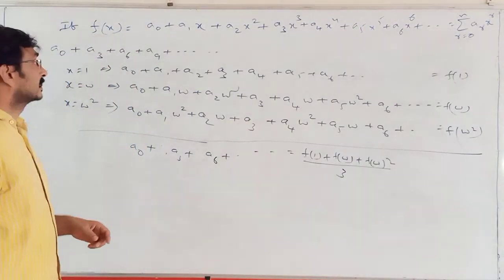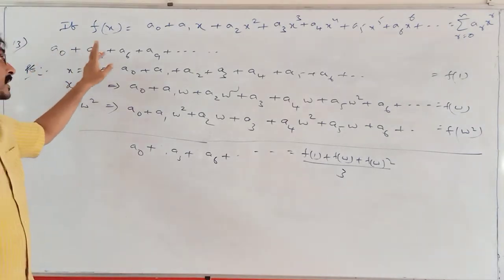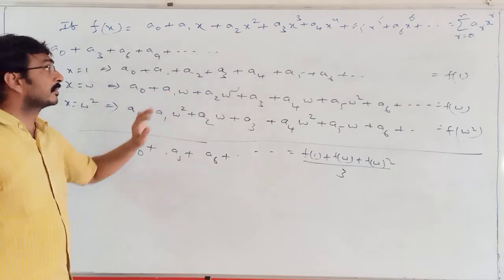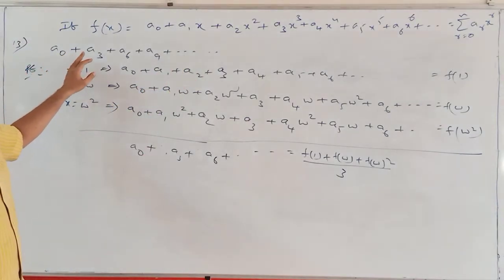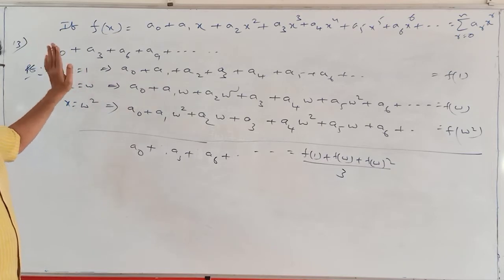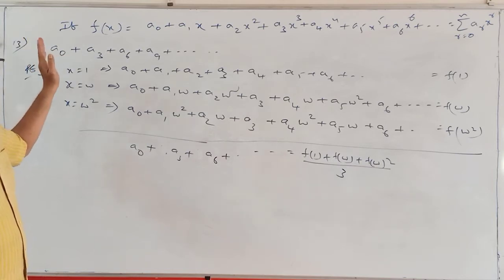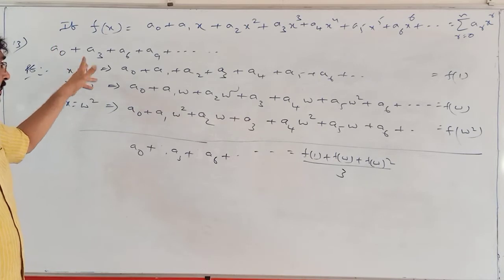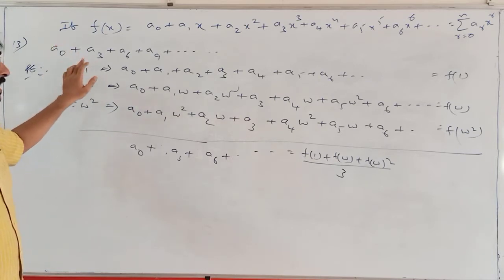Learn this one by heart, very important. The formula for a0 plus a3 plus a6 plus a9 plus and so on. The difference between consecutive suffix values is 3, and the cube roots of unity are 1, omega, omega square. I remember it like that. Cube roots, difference 3, start from 0.